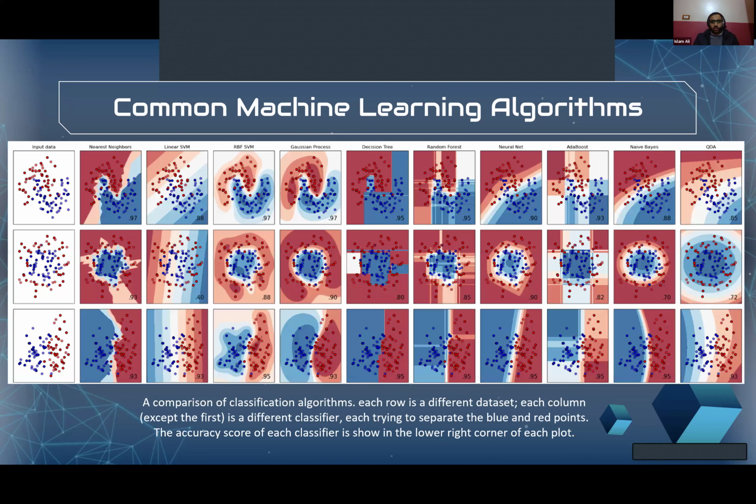I'll give you some examples. So you can see here on the left-hand side, the cross plots represent the input data. Imagine that the red points belong to hydrocarbon bearing sand, and the blue could be shale as an example.